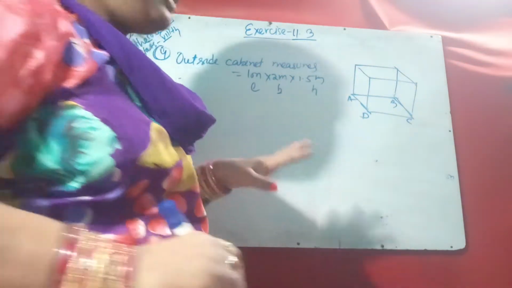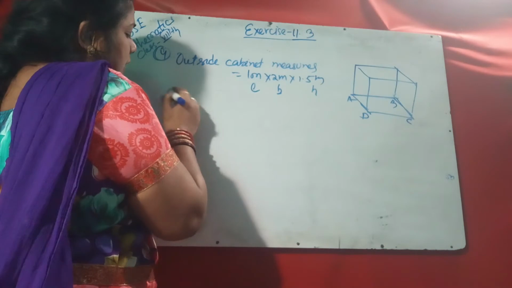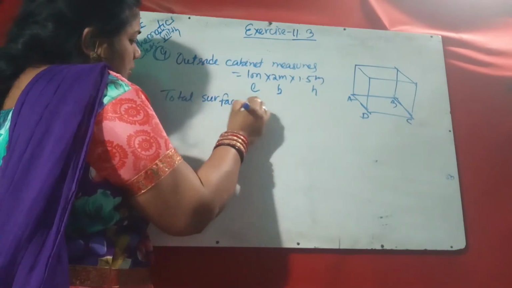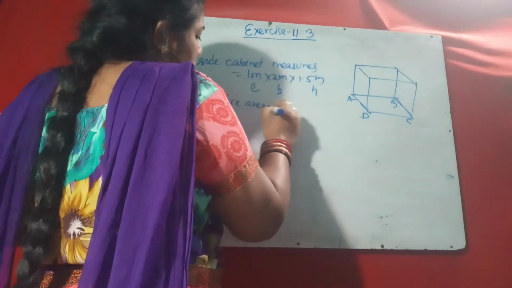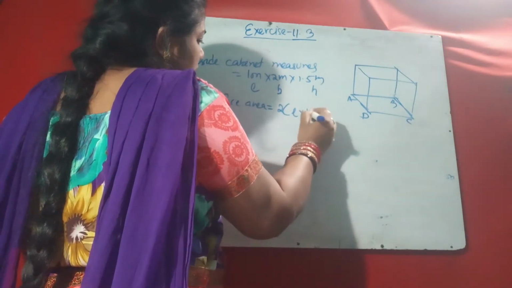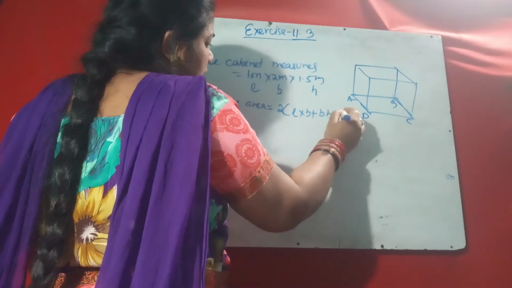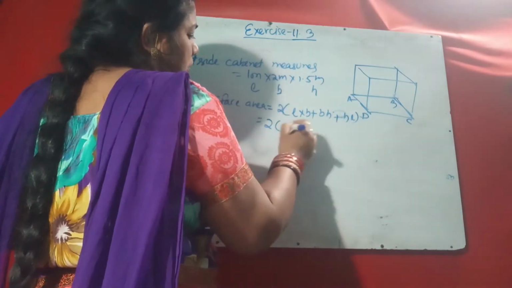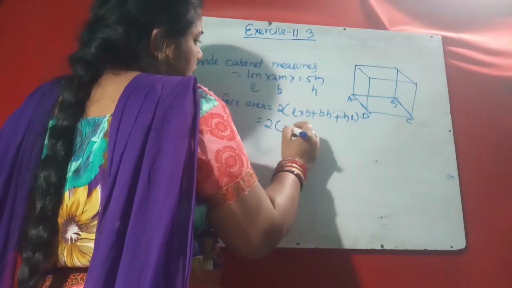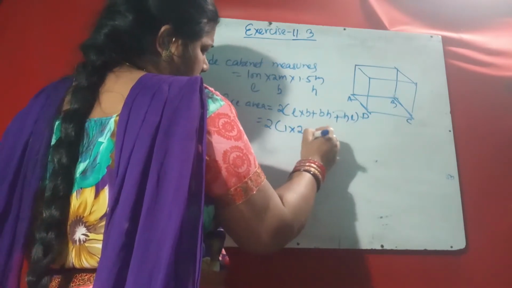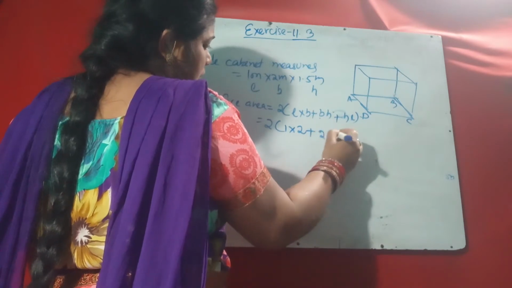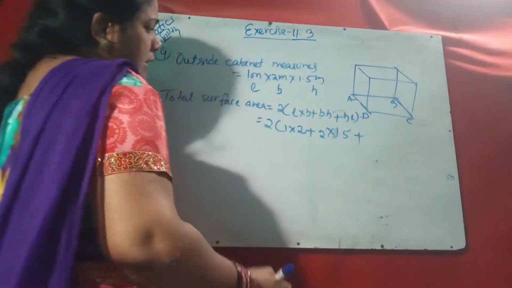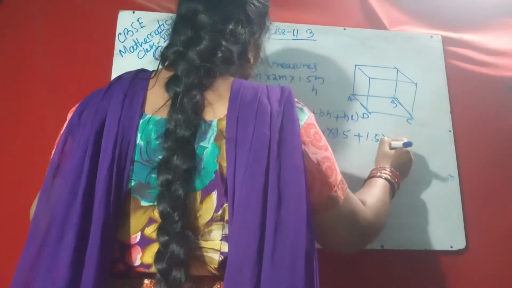Total surface area equals 2 into (length into breadth plus breadth into height plus height into length). So 1 meter into 2 meter, plus 2 meter into 1.5, plus 1.5 into 1.